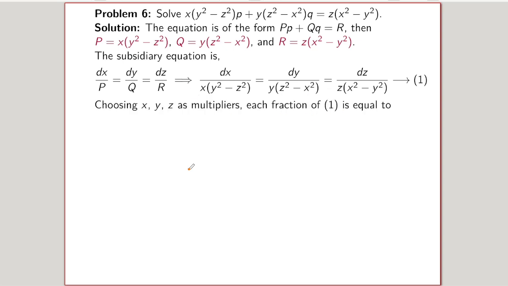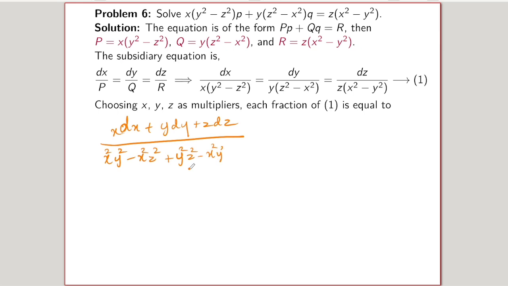So choosing the set of multipliers as x, y, z, I'll be getting x dx plus y dy plus z dz divided by, so straight away I'll be multiplying everything. So I'll be getting x square y square minus x square z square plus y square z square minus x square y square plus x square z square minus y square z square.